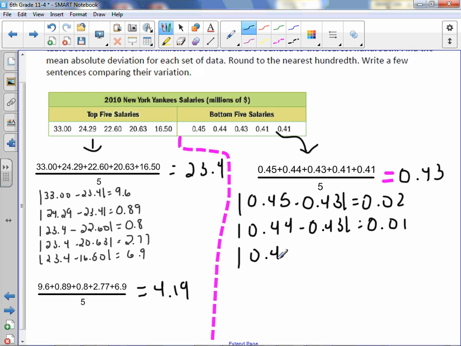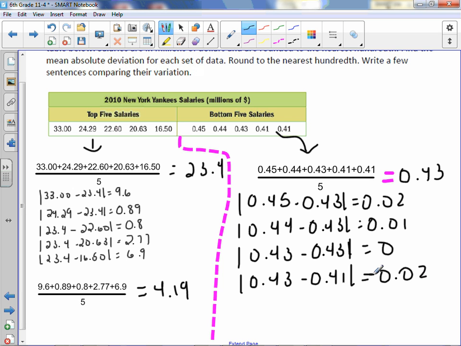Absolute value of 0.43 minus 0.43 is 0. Absolute value of 0.43 minus 0.41 is 0.02. And last one, 0.43 minus 0.41 equals 0.02.